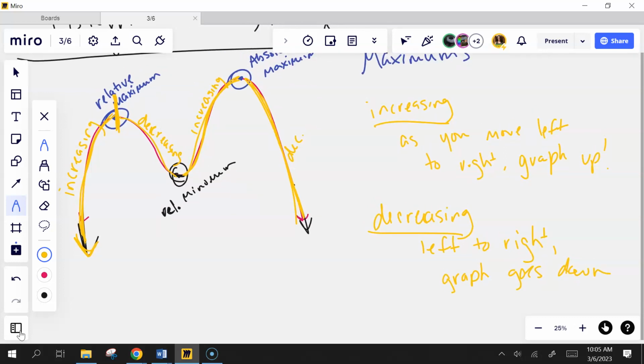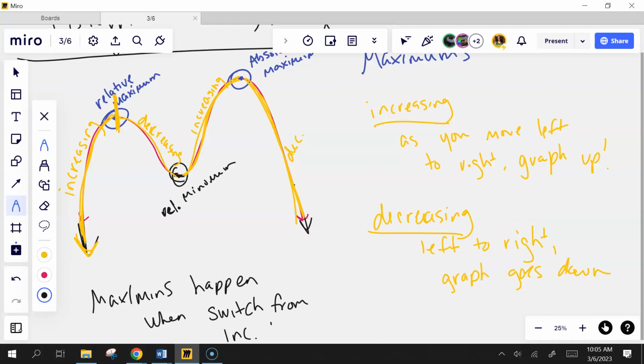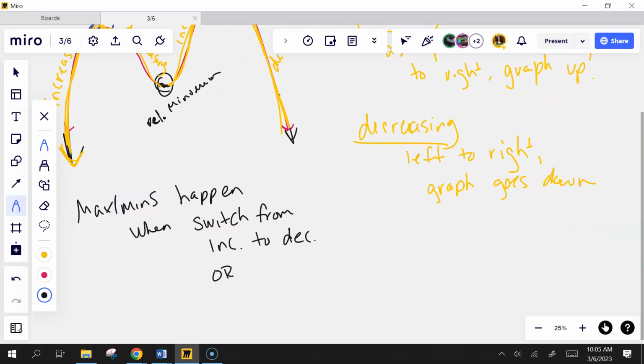Notice maxes and mins always occur when we change from increasing to decreasing or vice versa. Sometimes we call maximums and minimums turning points for this reason, okay? Because they'll stop going up and start going down or vice versa.